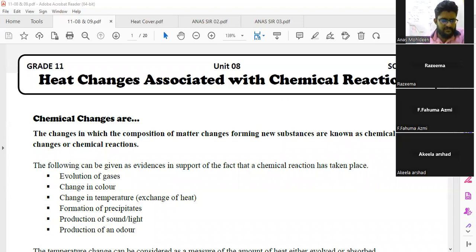The reactions which release heat during the process, or during the reaction, you can write, are called exothermic reactions.